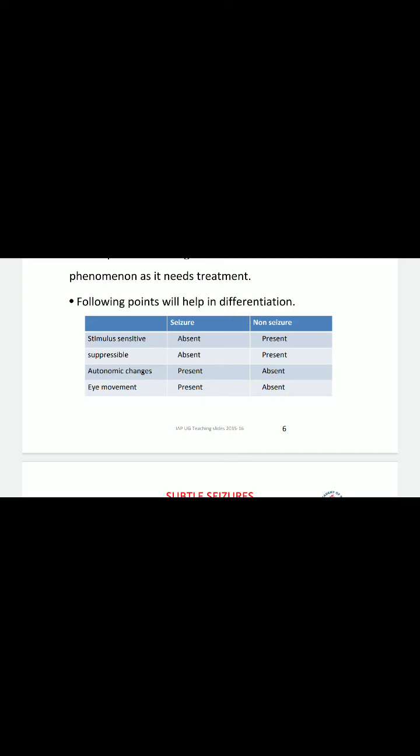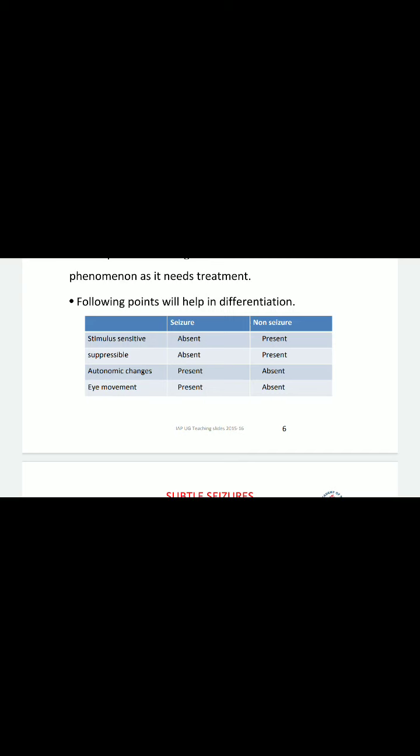Or all of a sudden, when there is a door sound, when you close the door, or when the window fan is slammed against the frame, because of the sound you can see myoclonic jerks in the baby. That is a non-seizure. But seizure does not occur with the sound or with stimulation.